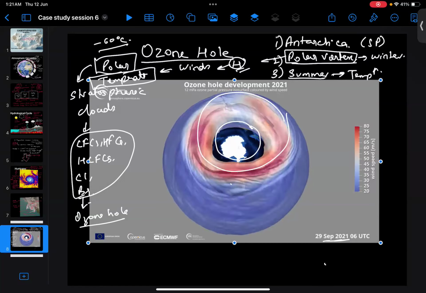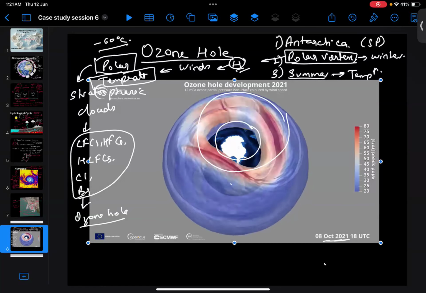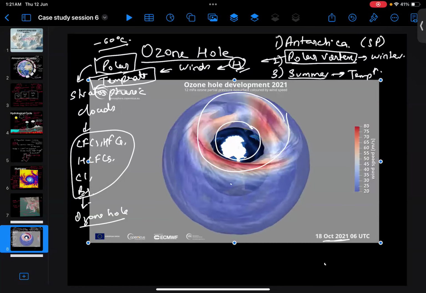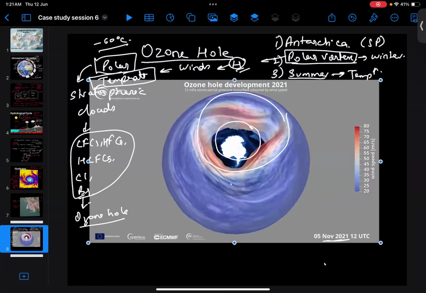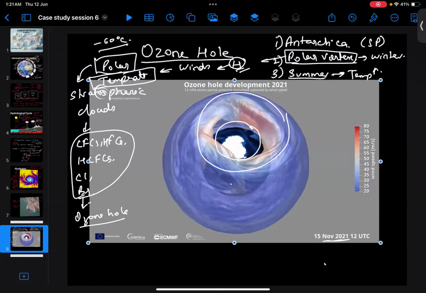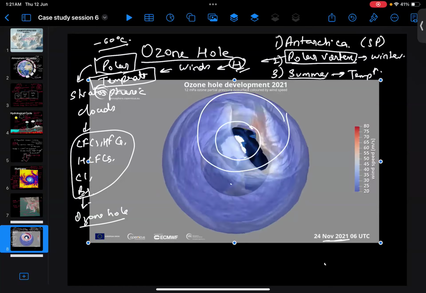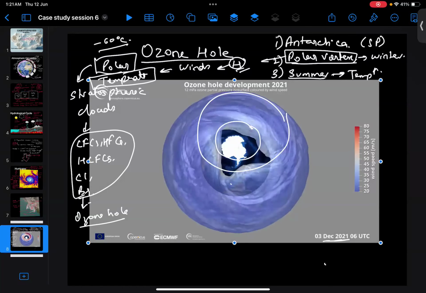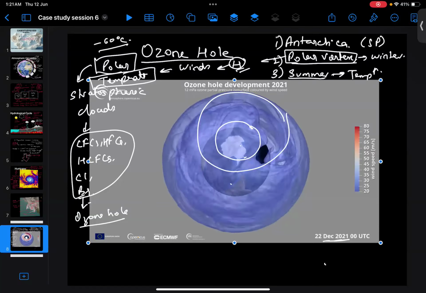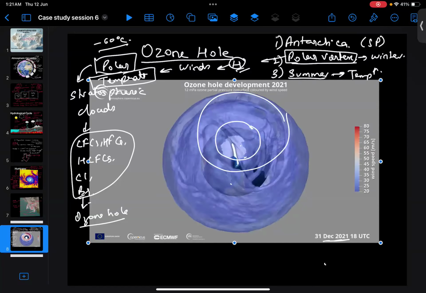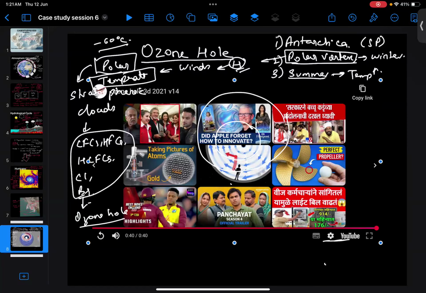Why? Because the summer is approaching there. During the summer season, this particular hole is getting very highly intensified. Now, as the winter season comes back, the hole becomes normal and returns to normal conditions.